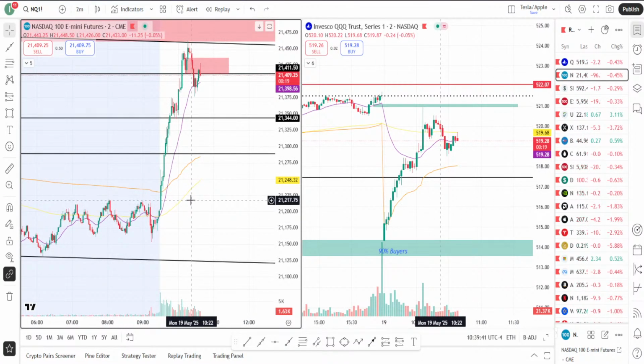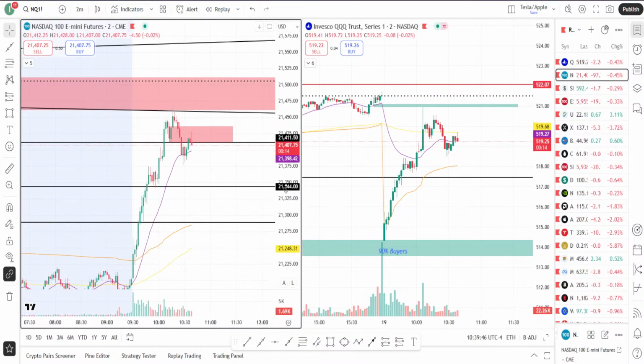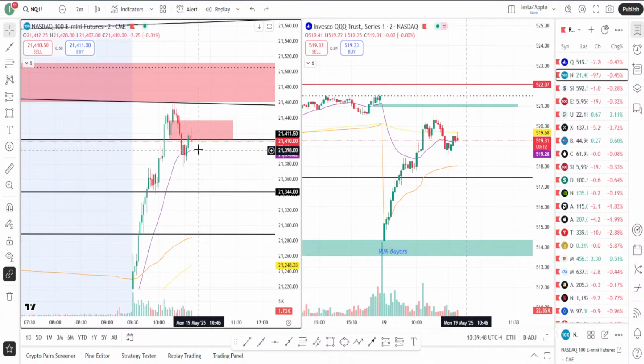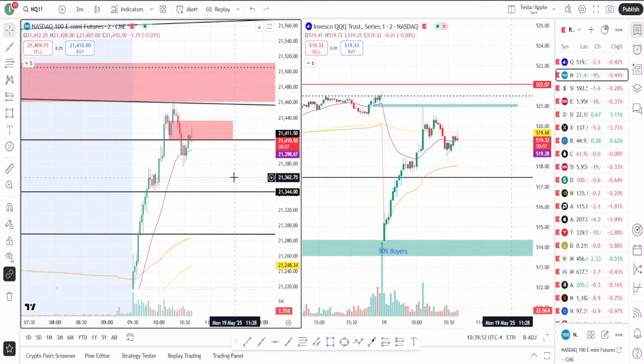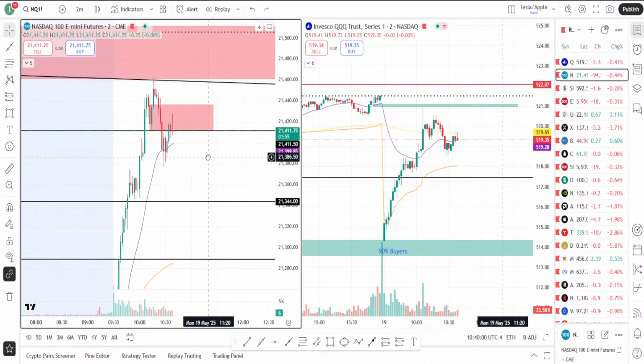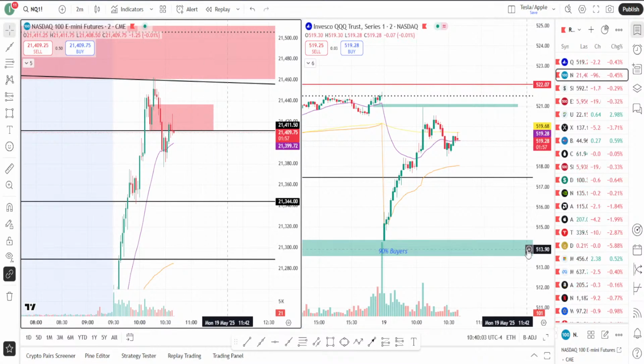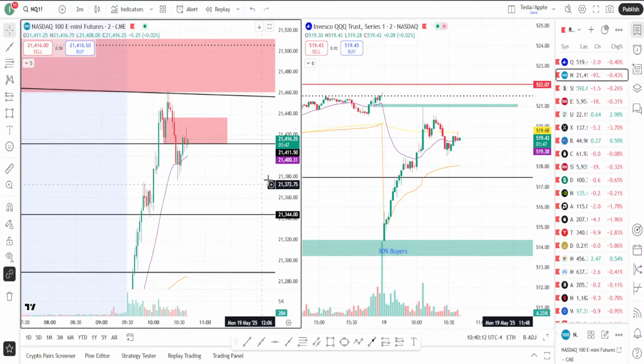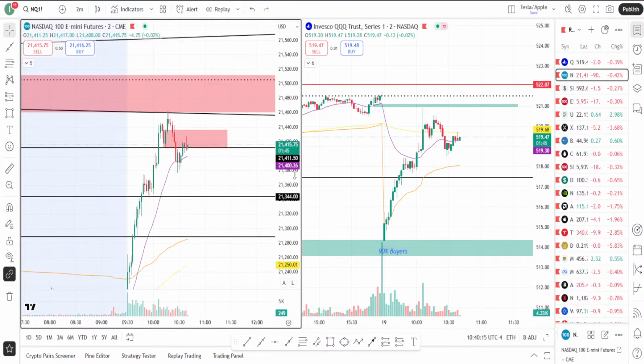Because if you're gonna trade this market, you have to be able to look at price and know not only what to look for, but where to look for it. Because there's certain setups that are gonna show up in specific areas of the chart. They're not just gonna show up anywhere. So think about that for a sec.